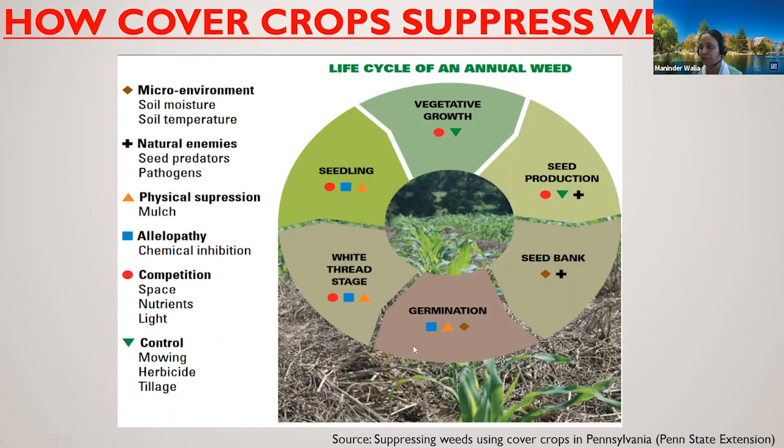If we look at these stages, the seed bank and the germination, the factors that cover crops use to suppress the weeds at these stages are the microenvironment and the natural enemies. The cover crops, as a living cover or a mulch, do alter the soil moisture and the temperature environment at the soil surface. So living cover crops or a layer of cover crop residue reduce the sunlight reaching the soil surface, and this helps with reducing the weed seed germination and also the survival of the weed seeds in the seed bank.